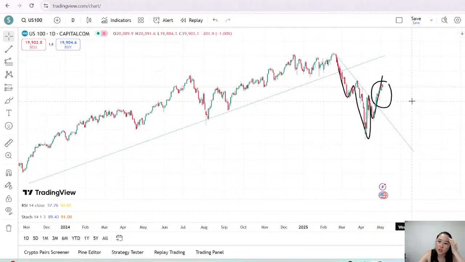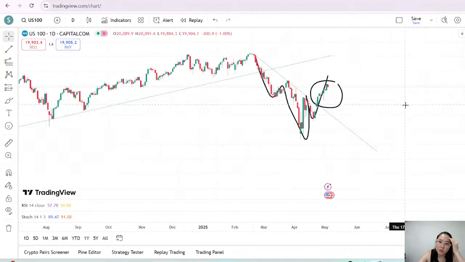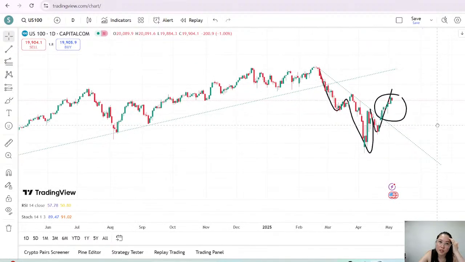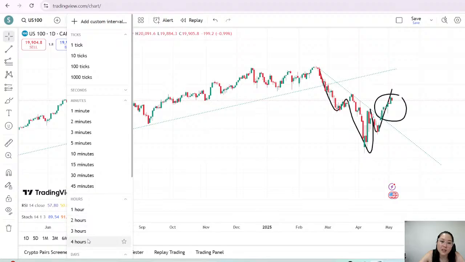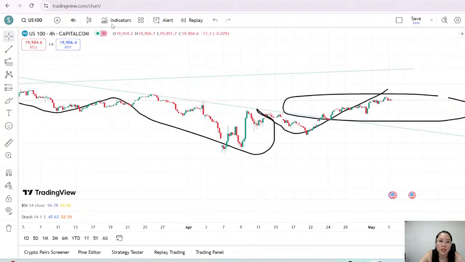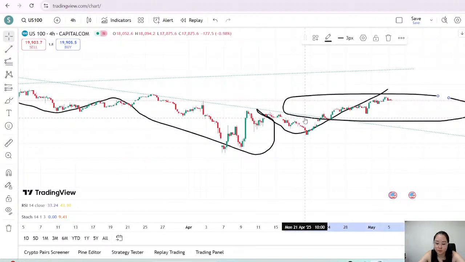We've all come to the consensus, when it comes to US index, to take it one day at a time, because you really don't know what news is going to come out tomorrow that will make the market vomit. So from a technical point of view, it looks like it's recovering.